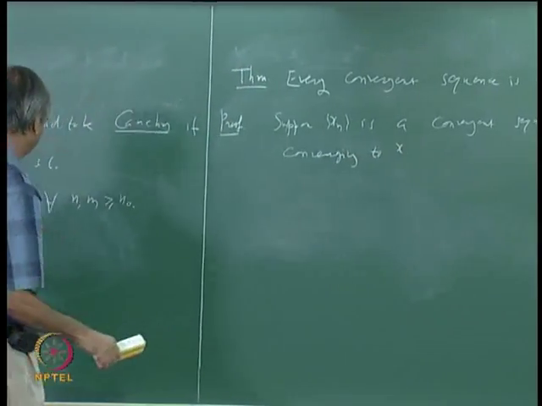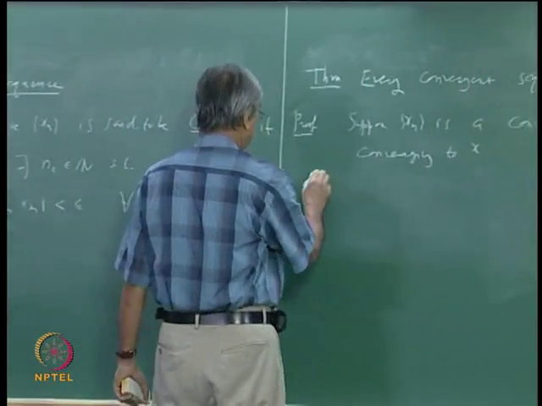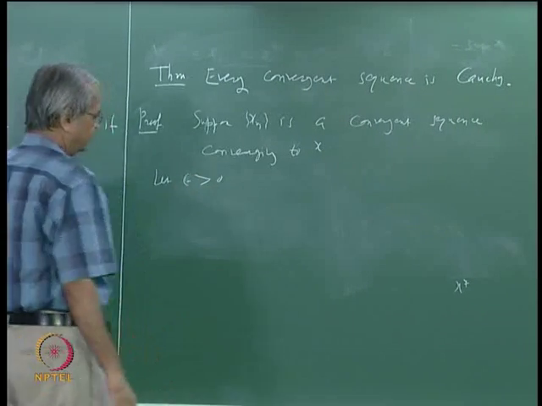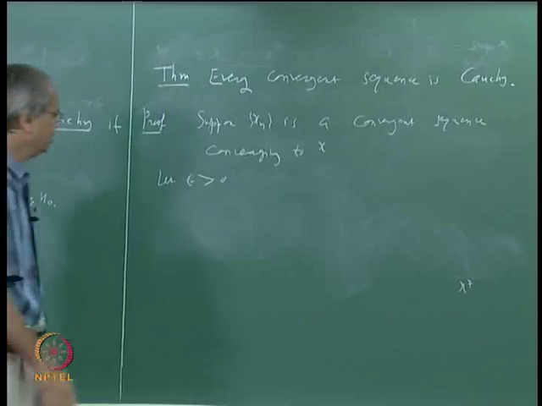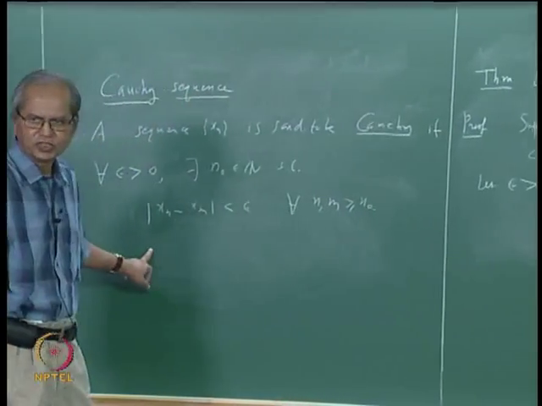Then we have to show that this happens. So let us take epsilon bigger than 0. You will see that the proof follows simply by the elementary properties of this absolute value function.